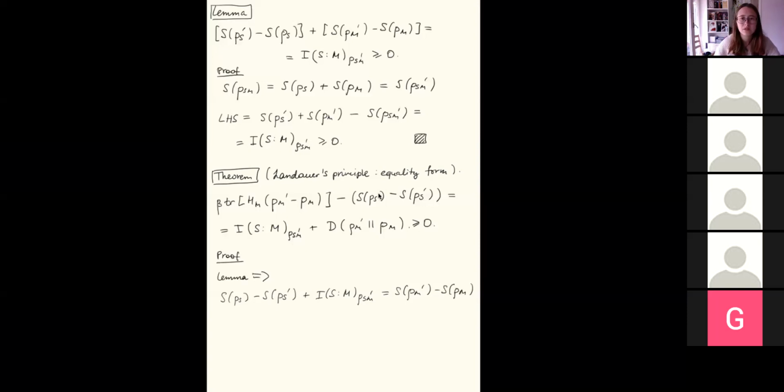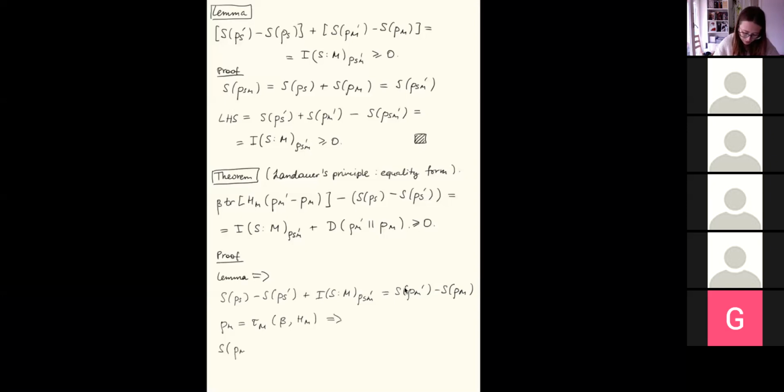On the other hand, we know exactly what the initial state of the machine was. It was a thermal state at the temperature beta, and the Hamiltonian of the machine, we also know it is just HM. So because rho M is the thermal state with temperature beta and Hamiltonian HM, we can actually explicitly write its entropy.